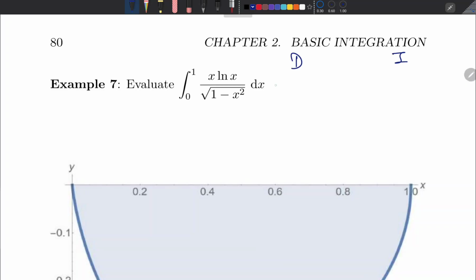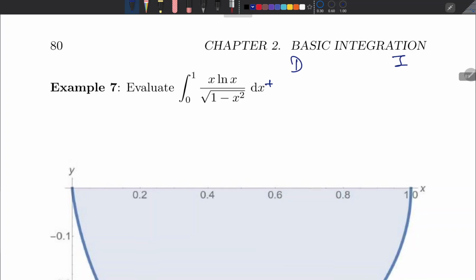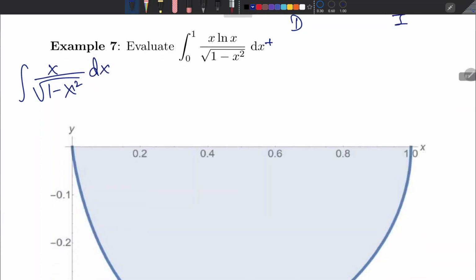I'm going to use the DI method, but for that, let me first integrate x over the square root of 1 minus x squared dx. For that integral, what I have to do is set 1 minus x squared equals t squared, right? So we have minus 2x dx equals 2t dt, and here we can say x dx is minus t dt.